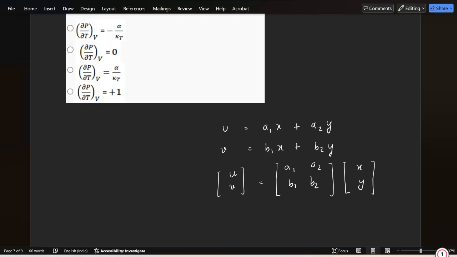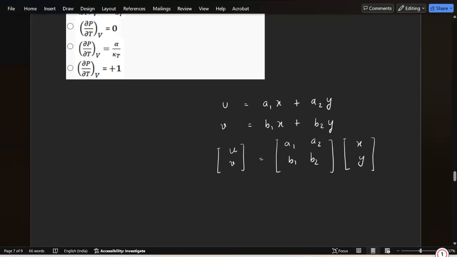Yes, sir. So this a1, a2, b1, b2, they are all the slopes or derivatives of these functions by keeping x and y constant.